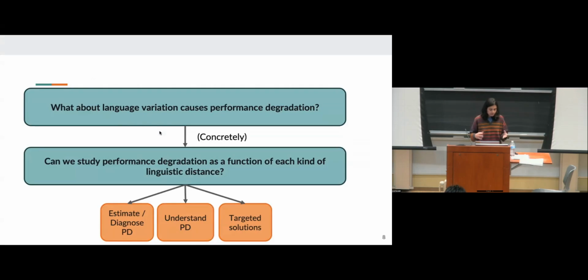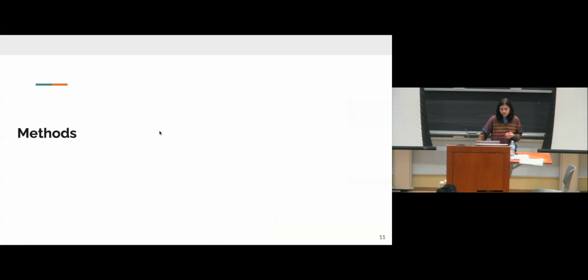If we can quantify this linguistic distance, then we would be able to estimate performance degradation for a new language for which we didn't have evaluation data, but we knew what its linguistic distance was from some HRL. We would also understand performance degradation a little bit better, like what kinds of linguistic distances contribute most to it. And hopefully that would also give us insights on how we can fix this for low resource languages.